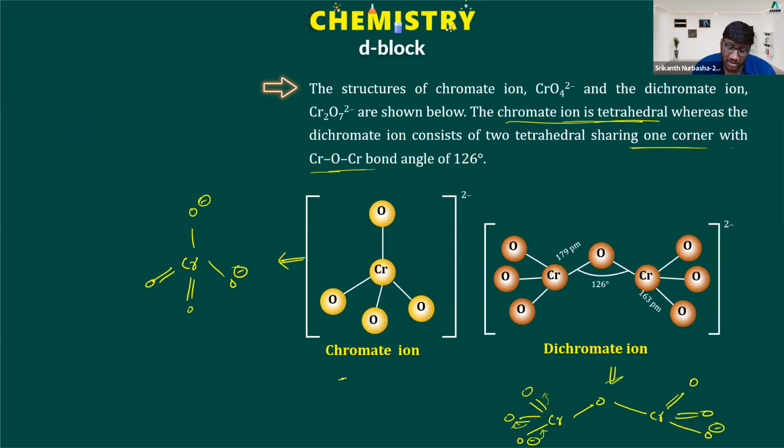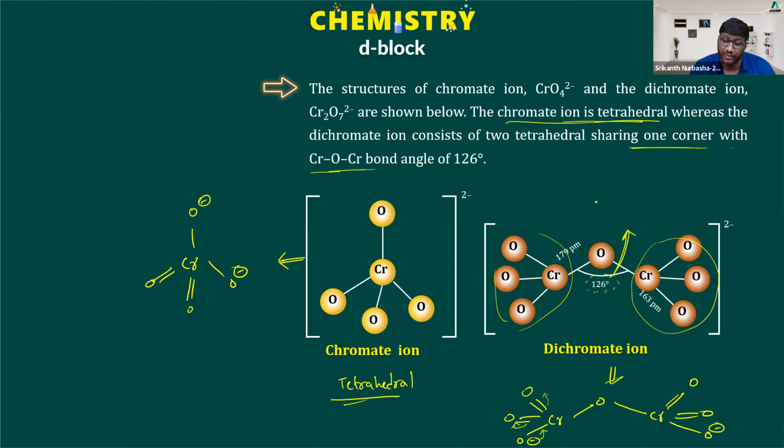Chromate is a tetrahedral structure. Dichromate is also tetrahedral, where the two tetrahedral units are connected by a bridging oxygen, chromium, oxygen, chromium, where the bond angle here is 126 degrees. You cannot have a lesser bond angle than this, because at this bond angle only the repulsions between the two tetrahedral units are minimum.